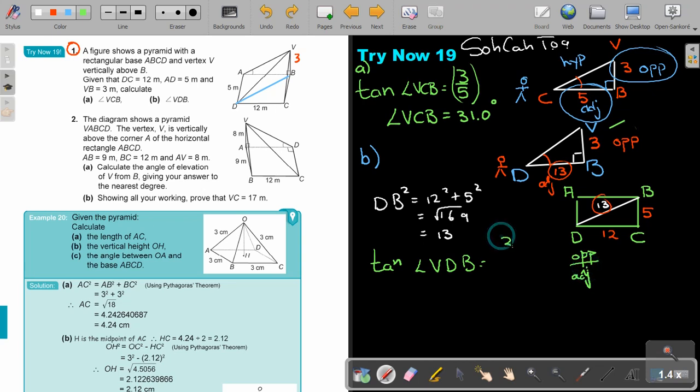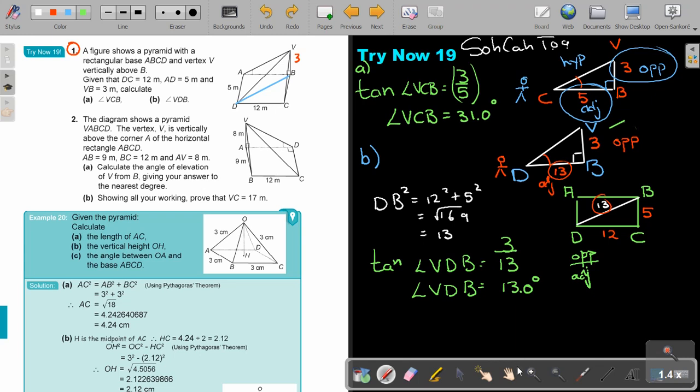The opposite is 3 and the adjacent is 13. So I press shift tan bracket, 3 divide 13, close the bracket. So don't forget to go to shift, and angle VDB will give you 13.0 degrees. Okay, and that's my final answer.